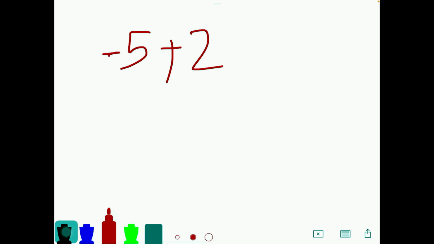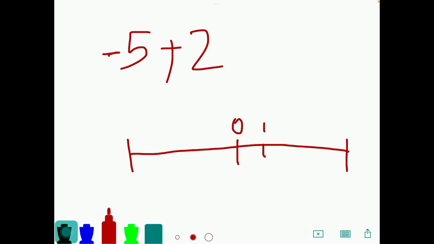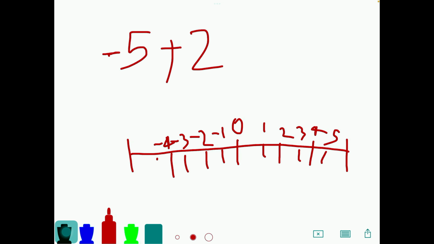So let's see that on a number line. Here's 0, and then 1, 2, 3, 4, and 5. And here's minus 1, minus 2, minus 3, minus 4, and minus 5.